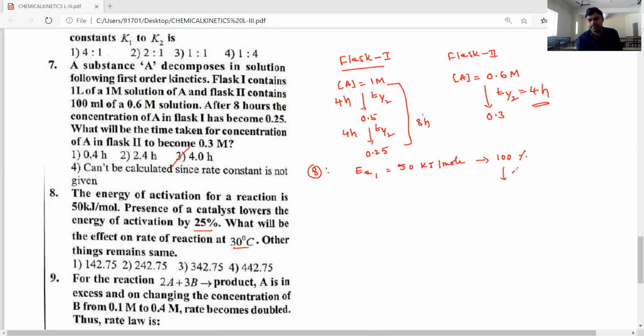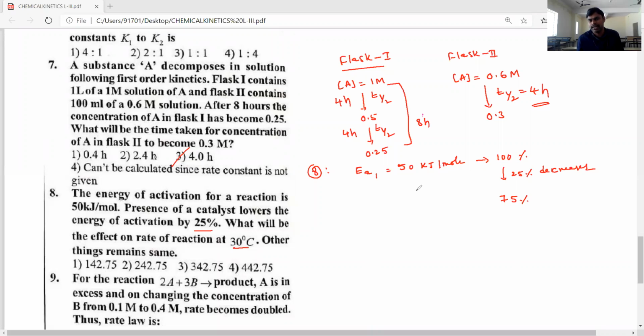Then 25% of the activation energy is decreased. 25% decreased means 100 minus 25, so 75% is present.